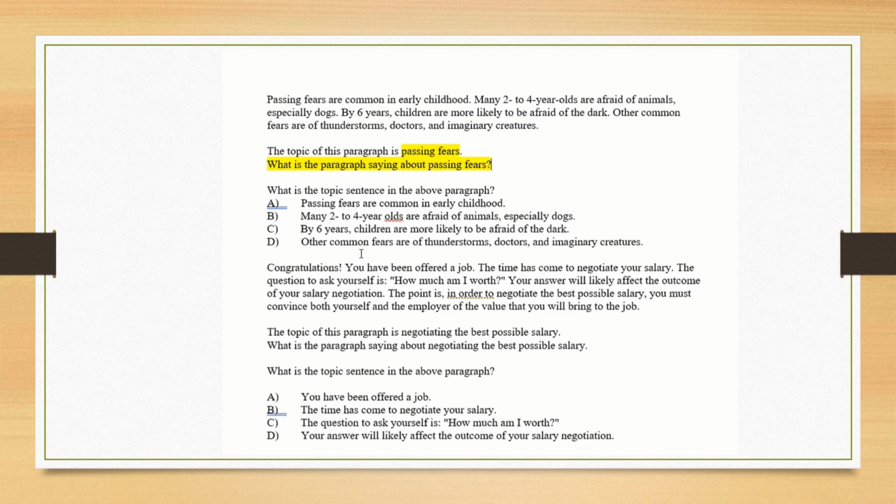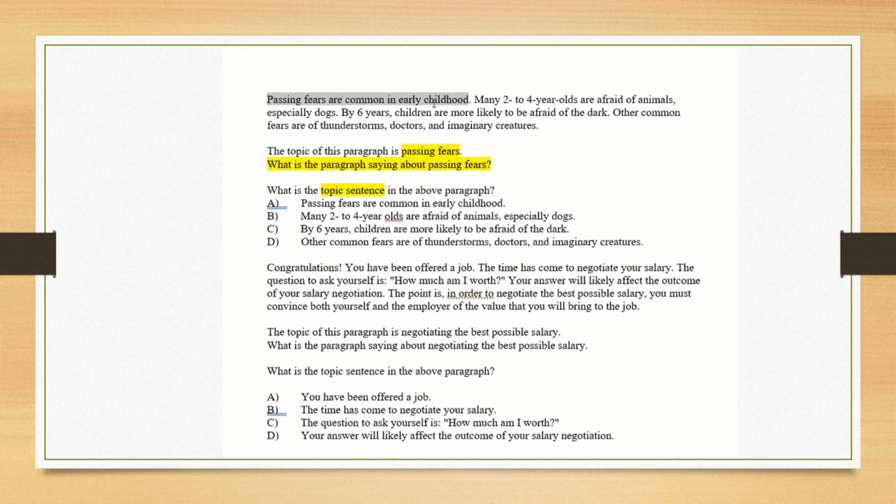In this section, we're looking for the topic sentence. Remember, your topic sentence is your main idea, but the topic sentence is the sentence in the paragraph that states the main idea. And so we're looking for that sentence in the paragraph that's your main idea. What sentence is the author's controlling point about passing fears?